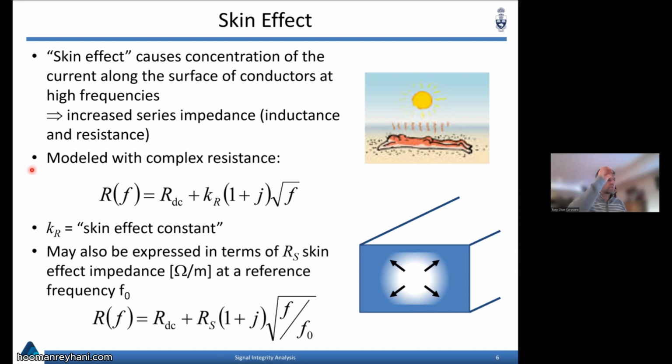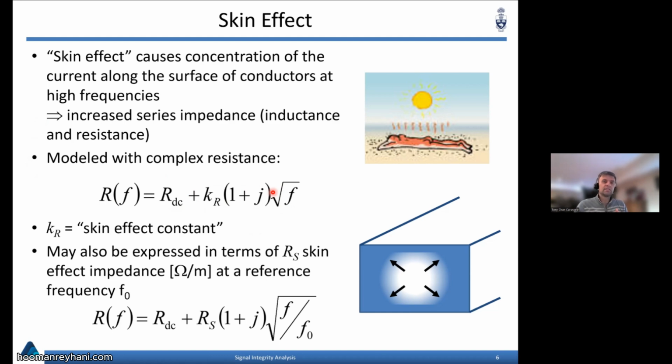So this may seem strange at first, but this is typically modeled with a complex valued resistance. So you've got the DC resistance of the conductor that's just based on the full cross-sectional area of it. And then you've got this additional term, 1 plus j times square root of f. Now the j, the imaginary part of this resistance, is obviously equivalent to a series inductance.